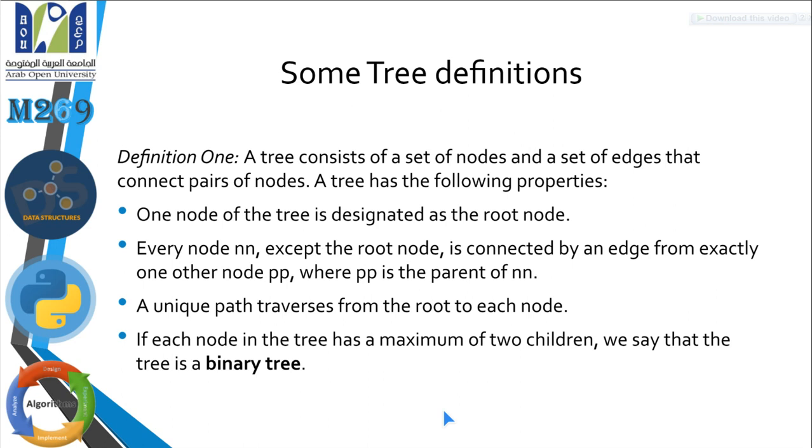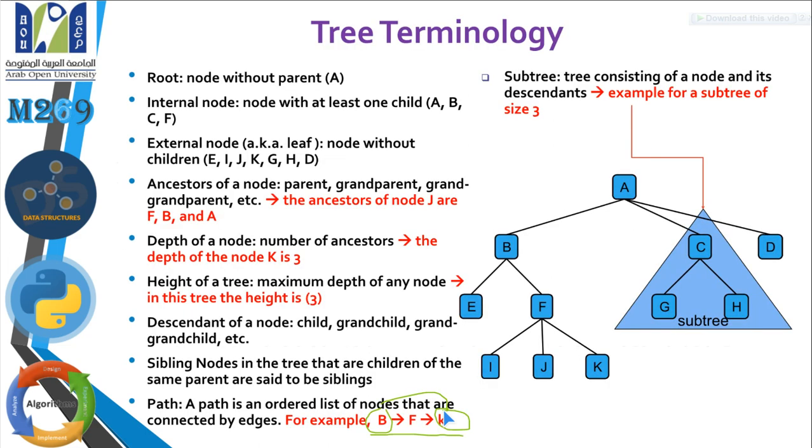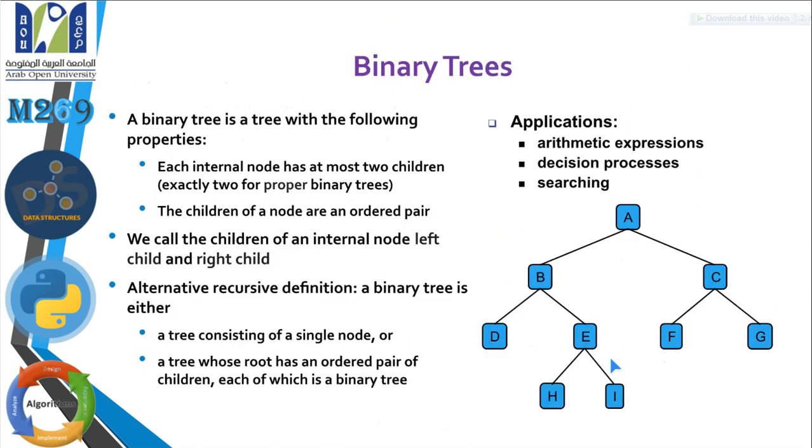If that is the case, then we call it a binary tree. Of course, the previous example, we cannot consider it a binary tree because this node F has three children. So in this case, this is not a binary tree. So the binary tree, it's something like this.